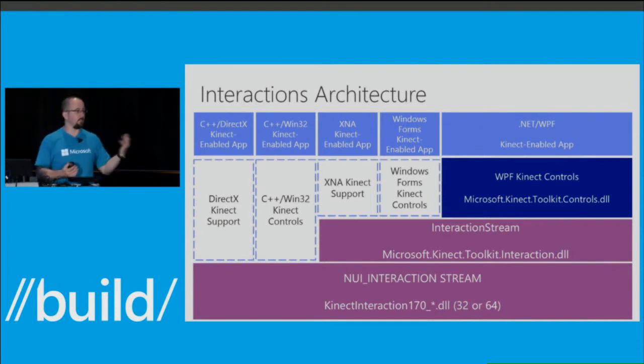But it is definitely possible to have a C++ DirectX app or a Win32 app. And if you wanted to do something with XNA or WinForms and a managed app, you could use our managed wrapper. And then the dark blue box is the UI framework adapter for WPF and those controls.